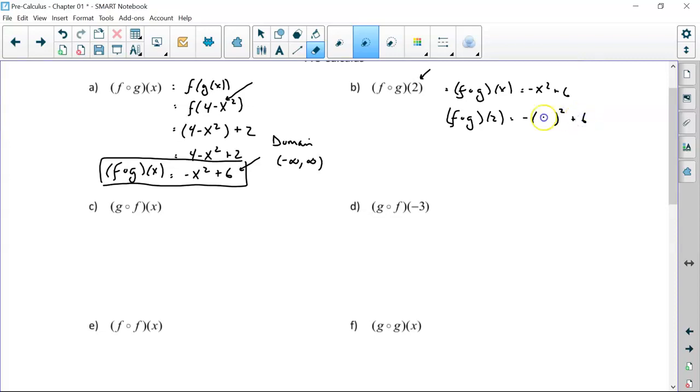So instead of x, we put our 2. Order of operations, exponents, so 2 squared is 4 times negative 1, so it's negative 4 plus 6. So we're going to get f of g of 2 equals 2. Now for that problem, since we were only given a specific value of x, our domain is just that input. It's just going to be the number 2.